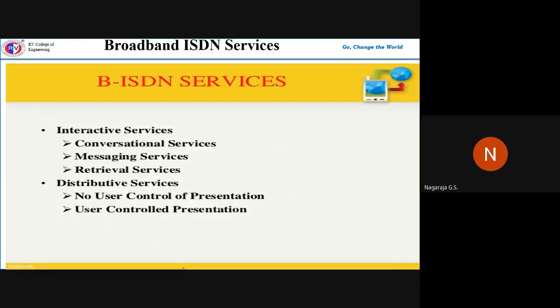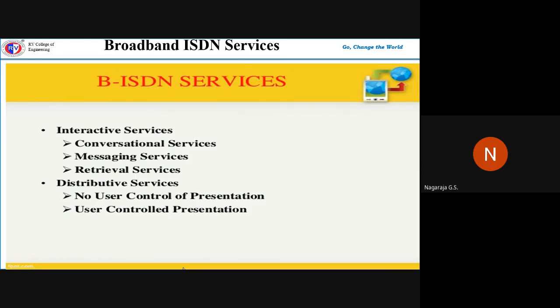I'll move on to the next topic of the second unit again, that is broadband ISDN services. We are categorizing broadband ISDN services into two types basically.